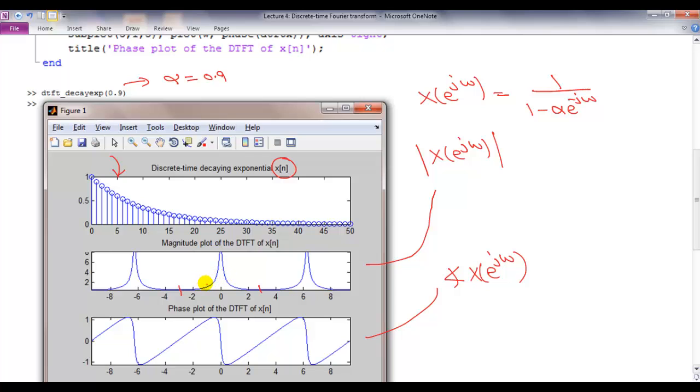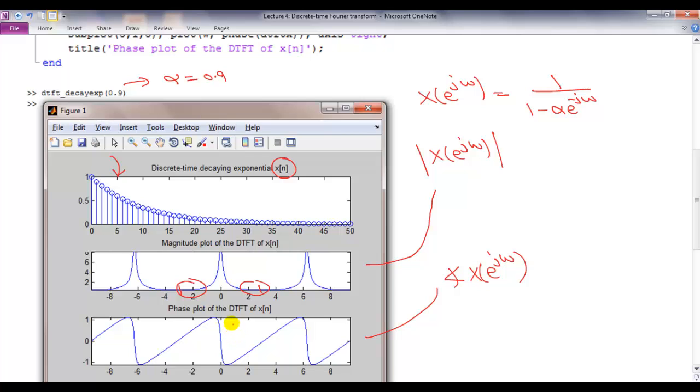The presence of high frequencies, which are around pi, if you look at this region, is very close to 0. So this consists of mostly low frequencies, not high frequencies. And these are the phases of those frequencies.